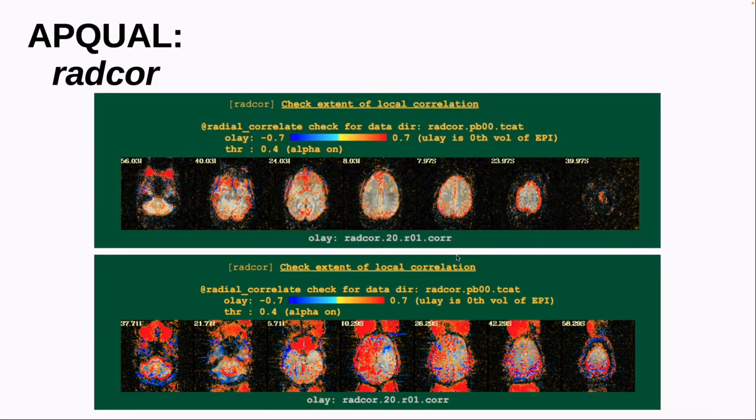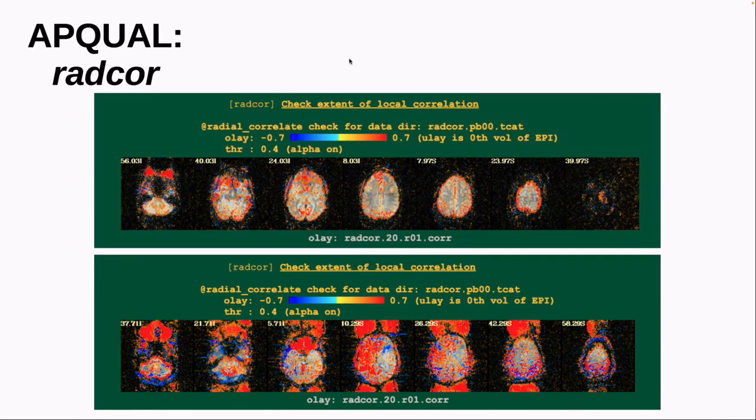Okay, as I said before, we talked about RAD-core, this radial correlation. We want to see how correlated data is with surrounding voxels, in a 20 millimeter sphere around every voxel.